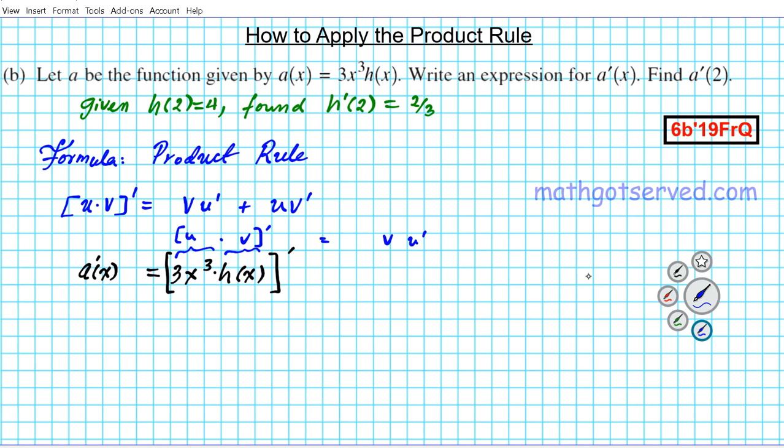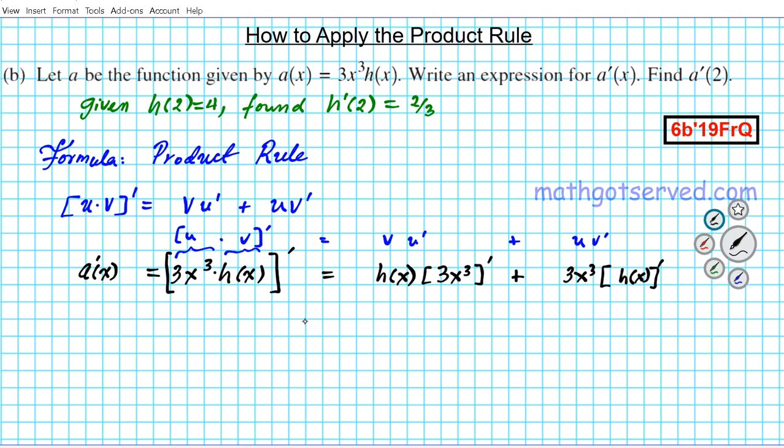Let's do that first. v is h of x times u prime, the derivative of 3x to the third. All right, v u prime plus u v prime. So plus u is 3x to the third, and then we're going to multiply that by v prime. v is h of x.